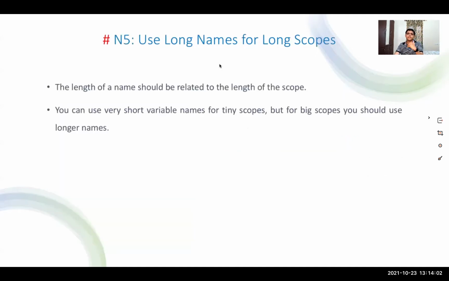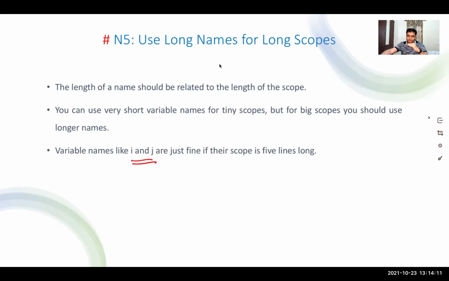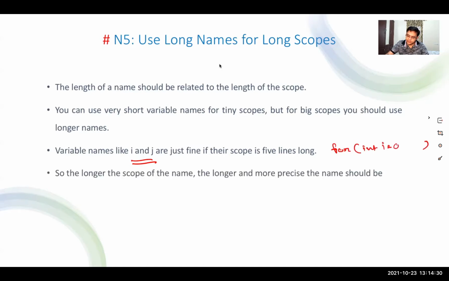If the scope is long, you use long names. If the scope is small, you can use i, j. If the variables are i, j, like I am putting it in a for loop, for int i equal to 0, this is okay because I'm just using it in that loop only.